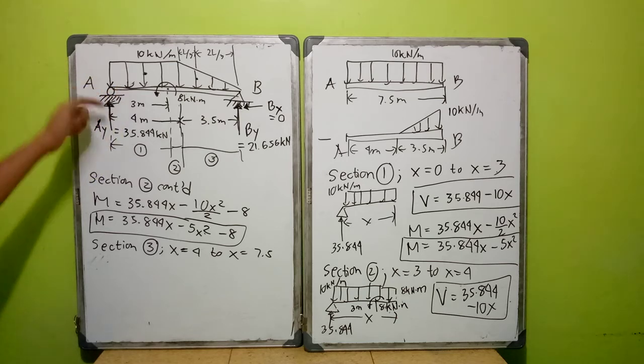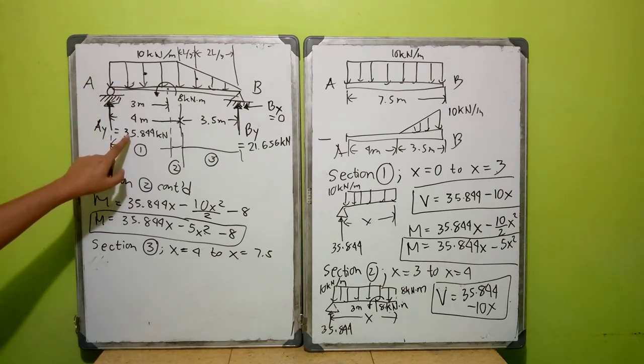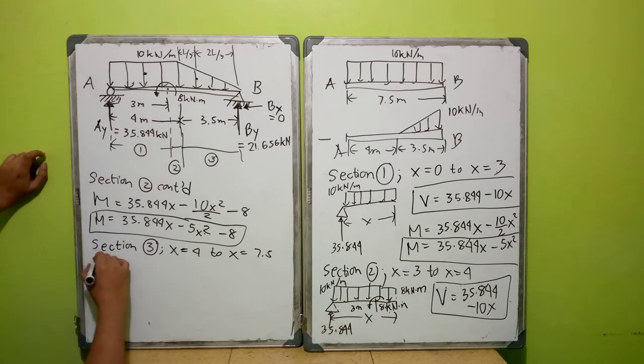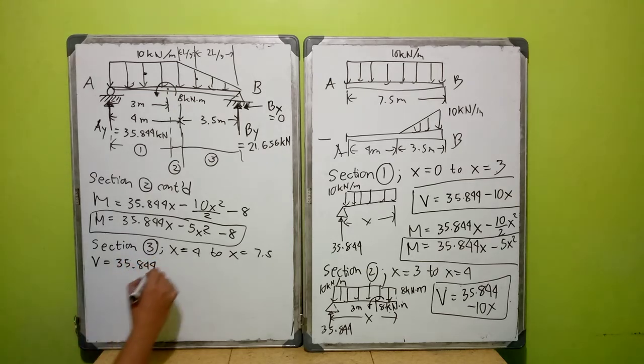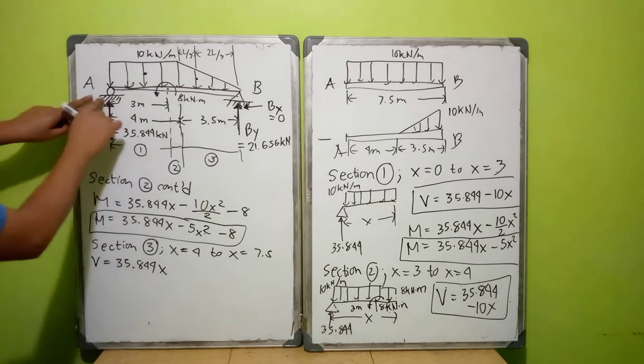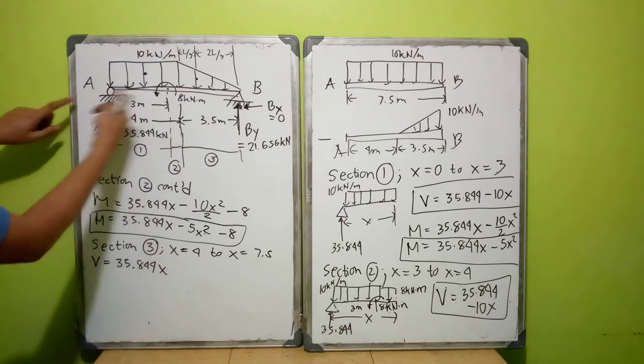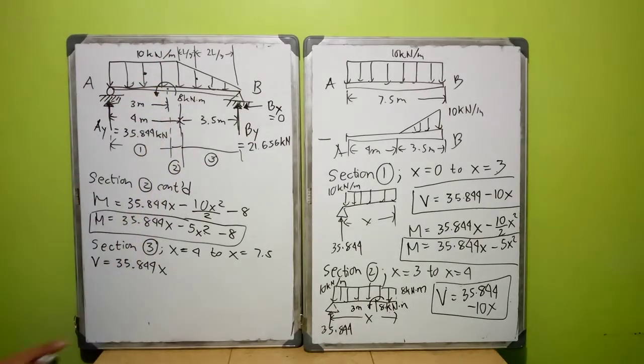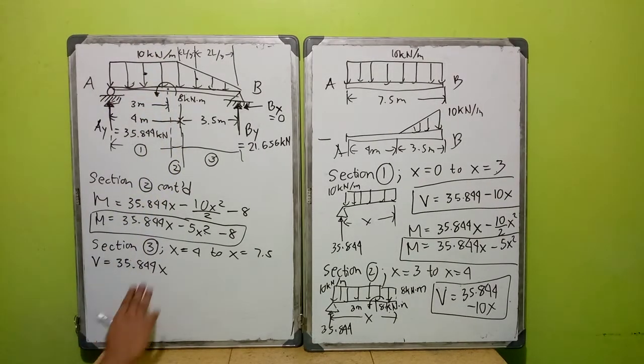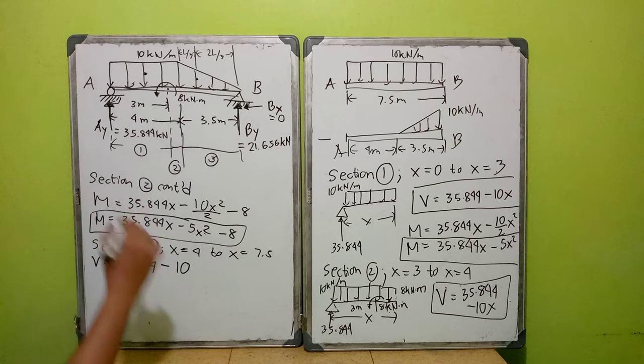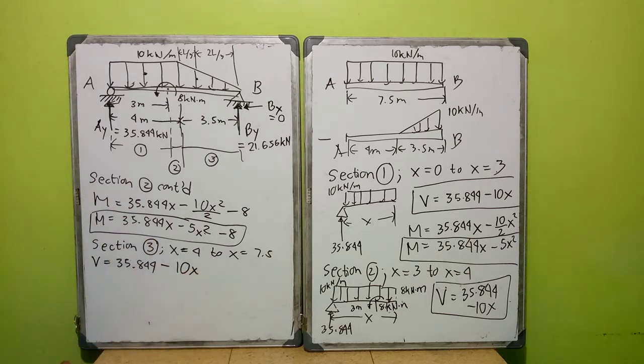Since we have an upward loading of 35.844, that will be your V, 35.844 times x, and then from 0 to 4, we have a uniform loading of negative 10x.